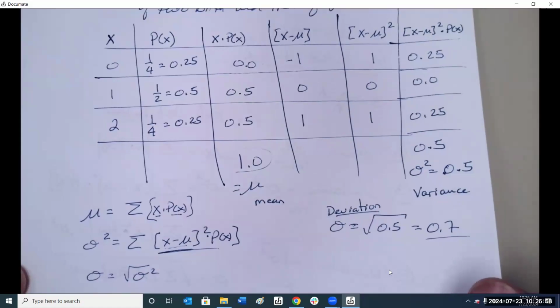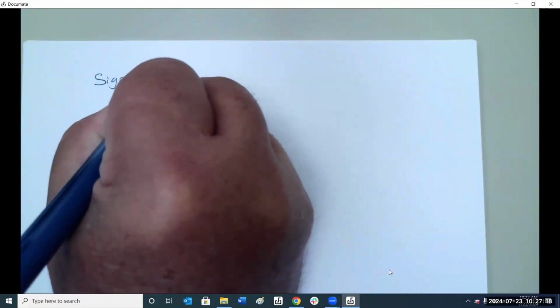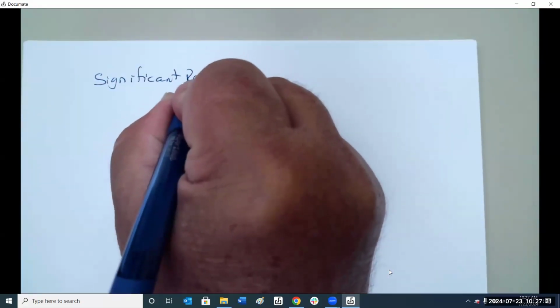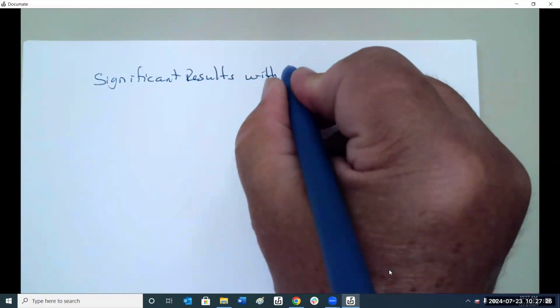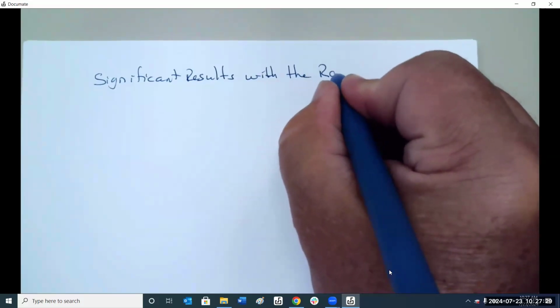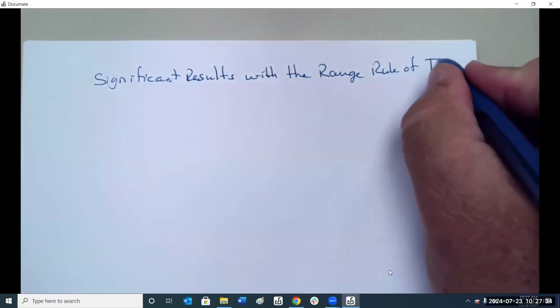How do we determine if it's significantly high or significantly low? Or insignificant? Right, we use that 2 deviation rule. We call this the significant results with the range rule of thumb.